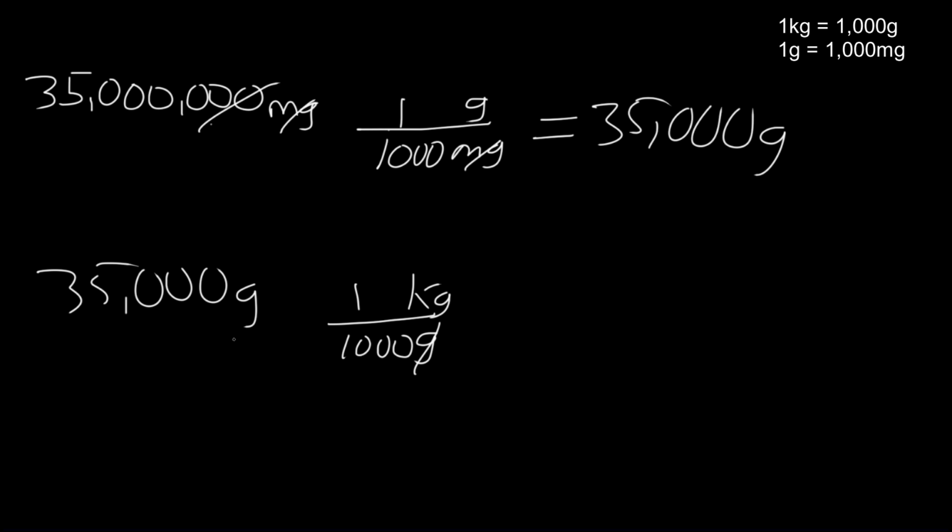Again, multiply 35,000 times 1 over 1,000, dividing 35,000 by 1,000, so I can get rid of these 3 zeros again, and I'm left with 35 kilograms. So 35 million milligrams is the same thing as 35 kilograms.